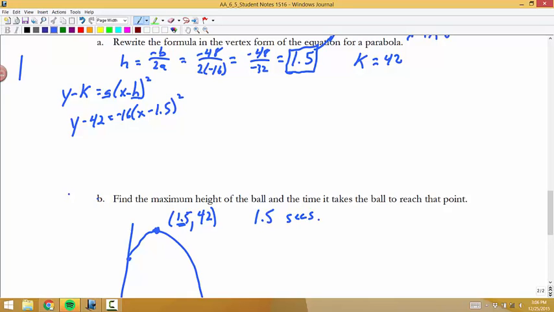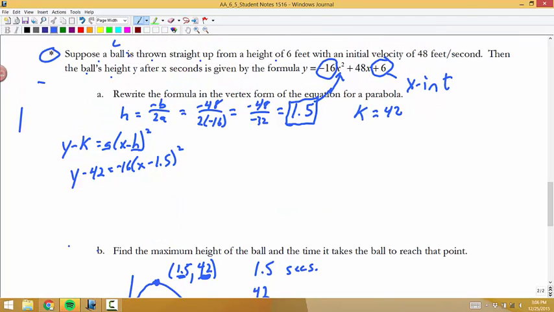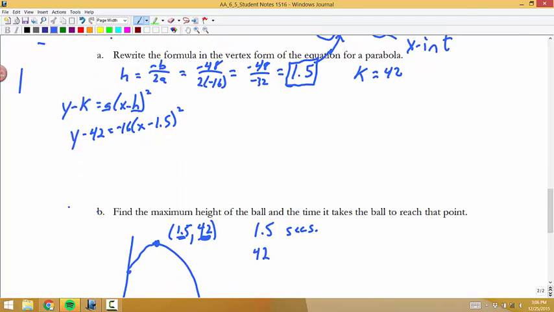And how high will the ball get? It's going to reach a height of 42. That's my y value. Remember, the y value here is the height of the ball, and we are talking about feet here. So 42 feet would be the maximum height that the ball reaches.